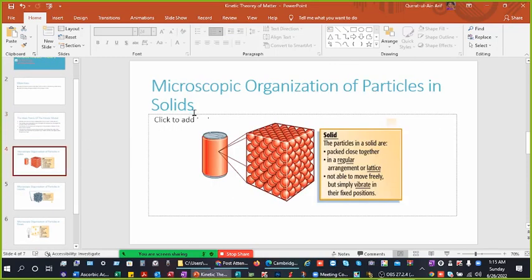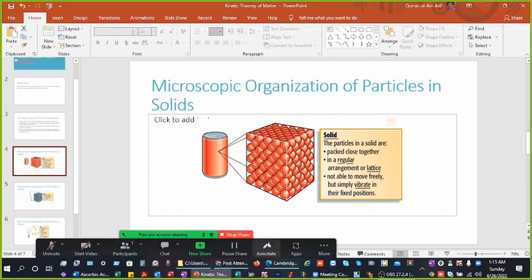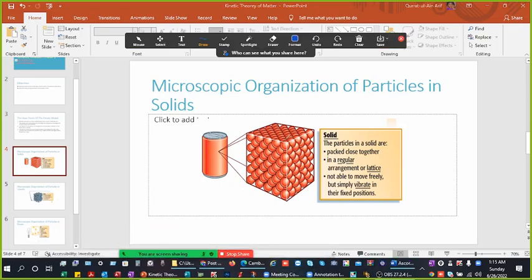Now we are going to describe the microscopic organization of particles in solids. As we can see in solids, like this tin can, the particles are closely packed together and have a regular arrangement in the form of a lattice.